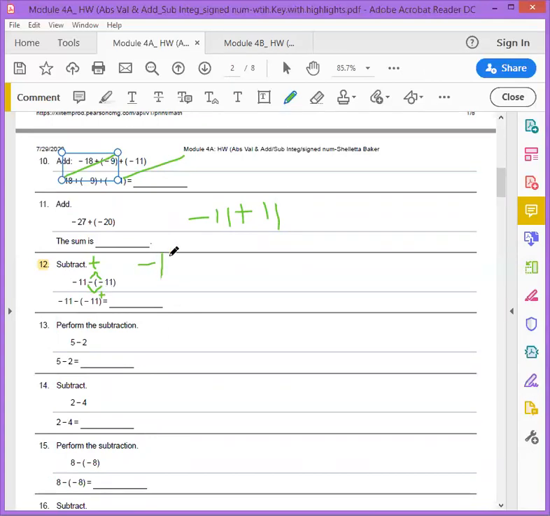Two negative symbols side by side, we change that to addition. So that's plus 11. So if I have -$11 in my bank and I go deposit $11, what will your balance be? It's just going to be 0.